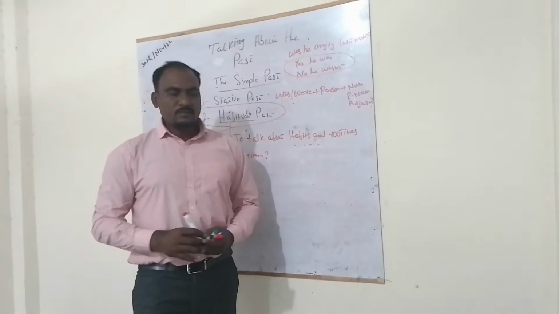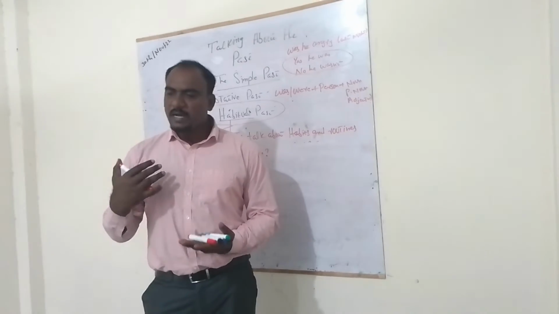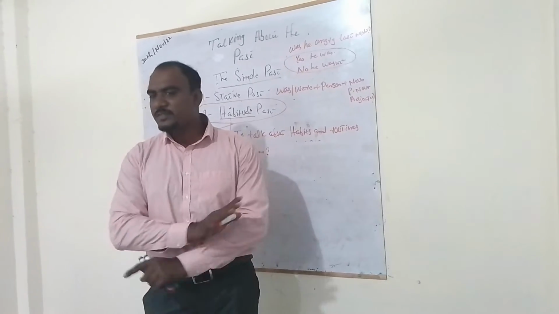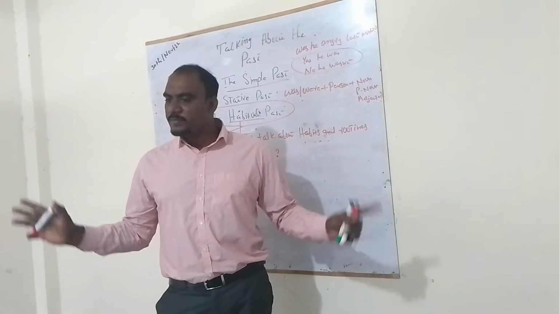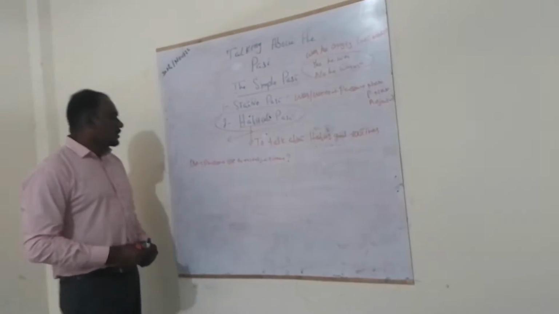One thing about what I've just said: I would go to school in childhood means I don't go to school now. I've stopped going to school now. That is why it's called a habitual past, because you don't do that anymore.